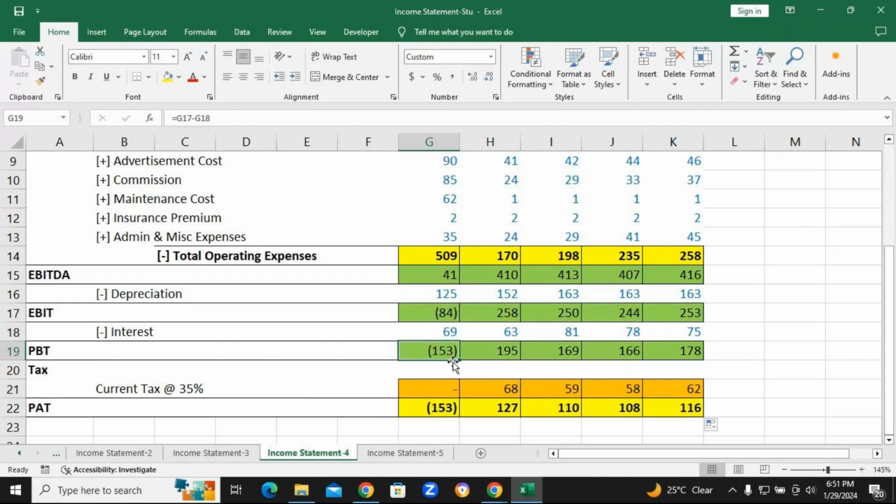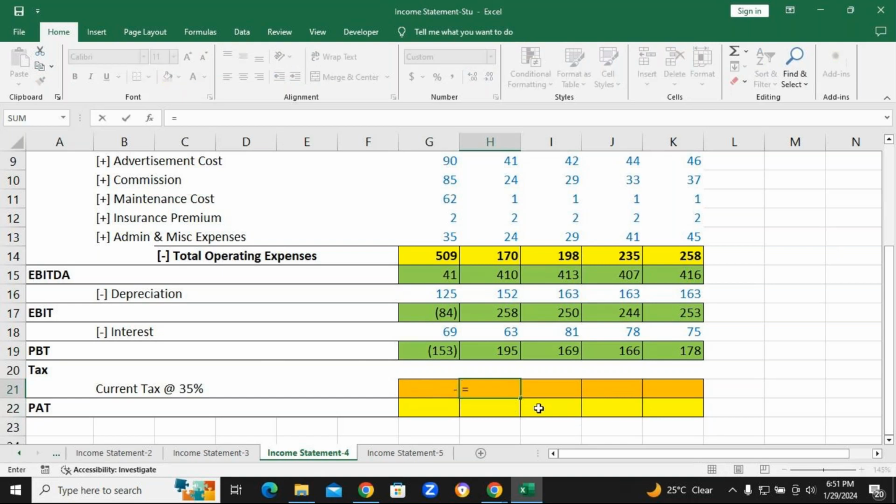First here I'm facing a loss, so I'm not going to calculate the tax. I'll take it as 0 for the first year. Enter. Then for the second year, equals 195 into 35% of tax. Enter. I'll drag it towards my right.